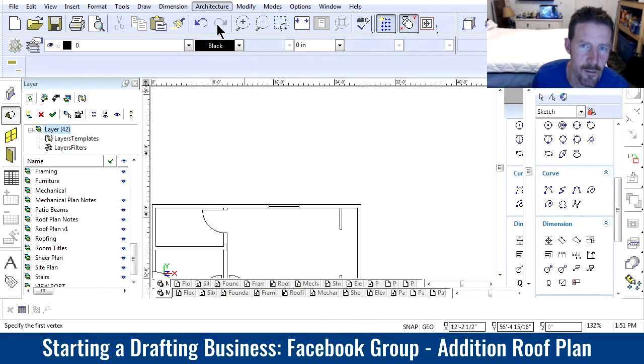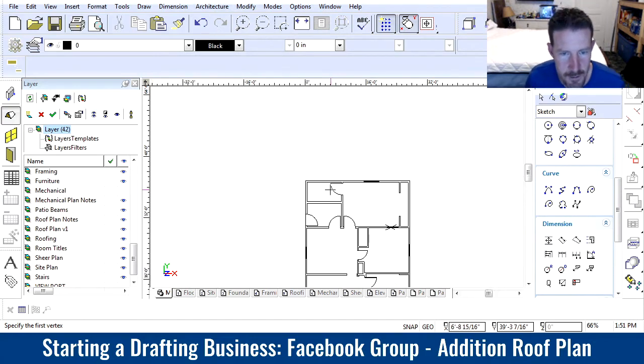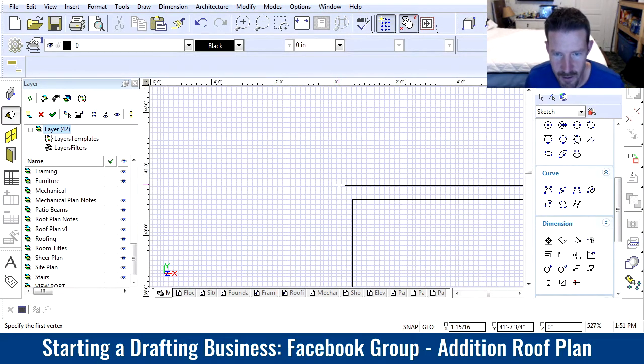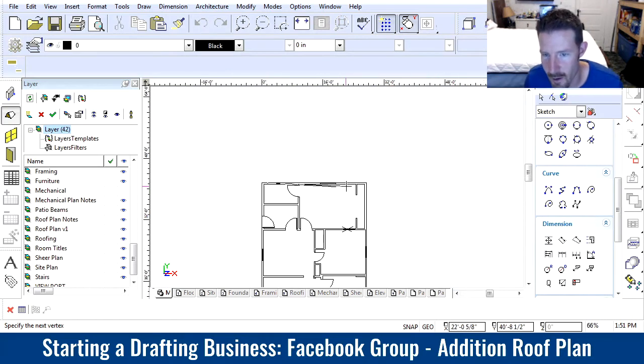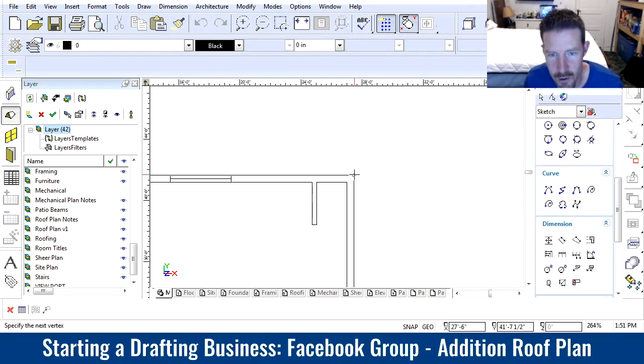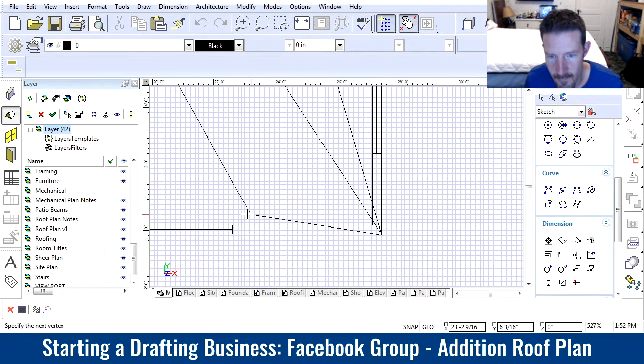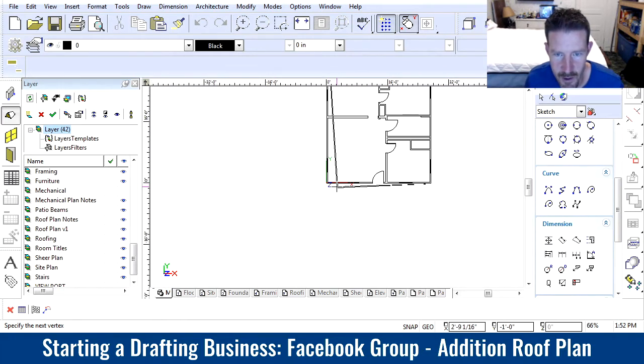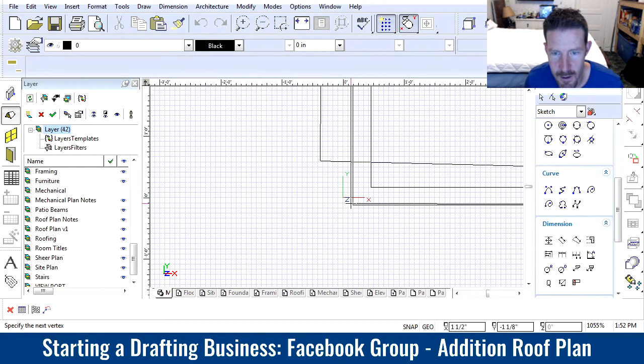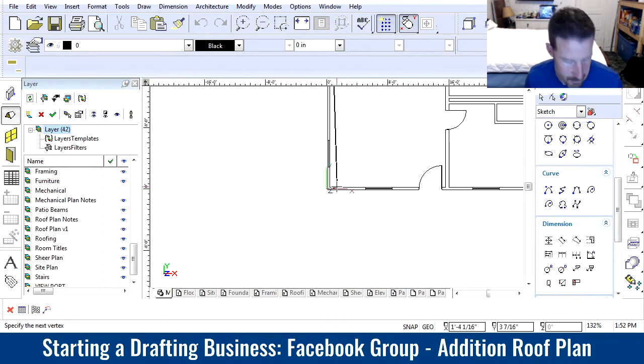I don't think I am. Yeah, click add a roof. I think at the end it asks you about the pitch and stuff. So let's just see what happens. So first you go around to the corners of your house, and it starts to put together a hip roof for you, which is nice because then it shows you everything you need.